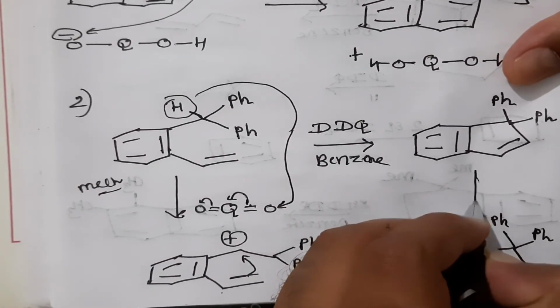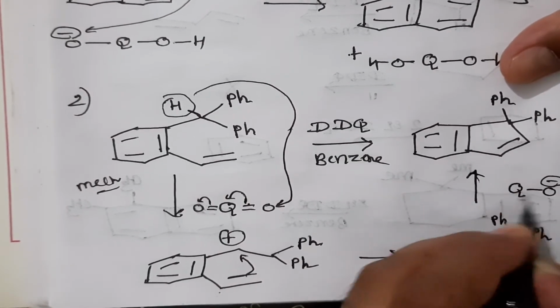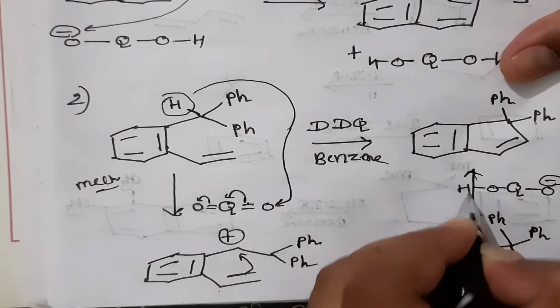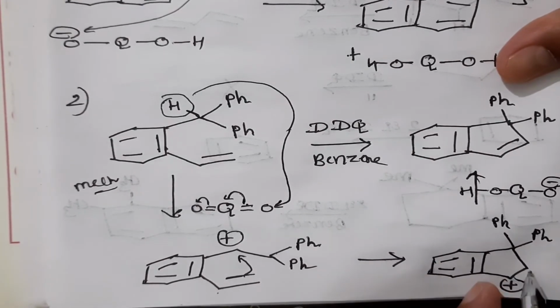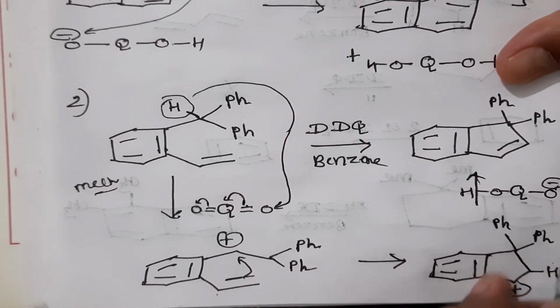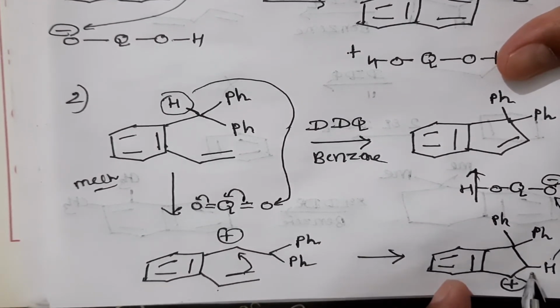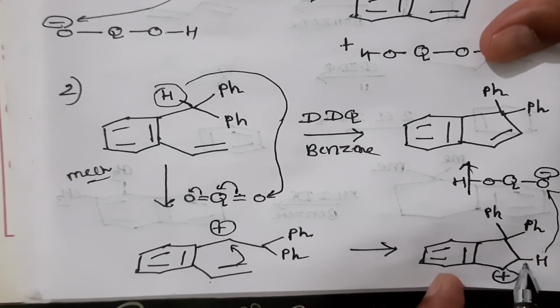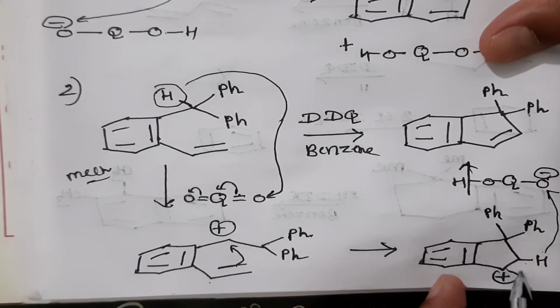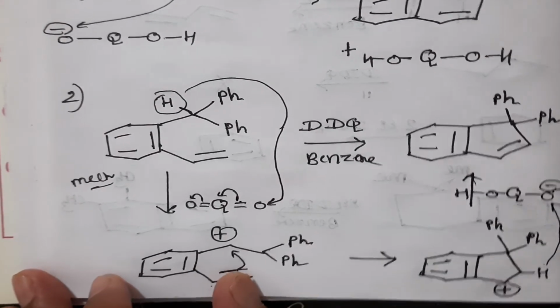Now in the next step, this Q O minus and here OH, this O minus abstracts proton from this position. So this proton is abstracted by this minus ion. So there is a generation of negative charge here, and this negative and positive charge make a bond, and we get this type of product. So this is the second application.